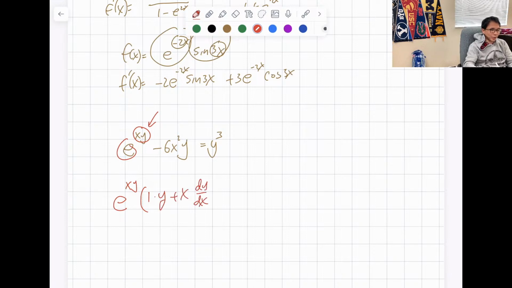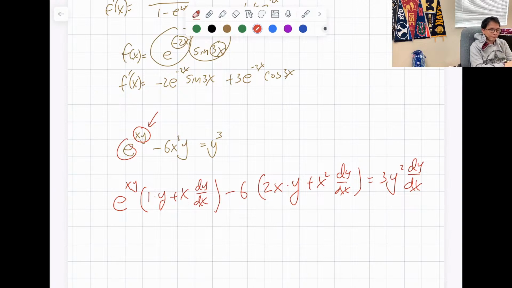How many of you got this far? Very good. Minus 6 times the derivative of x squared, which is 2x, times y plus x squared dy/dx, is equal to 3y squared dy/dx. Do you guys see that?